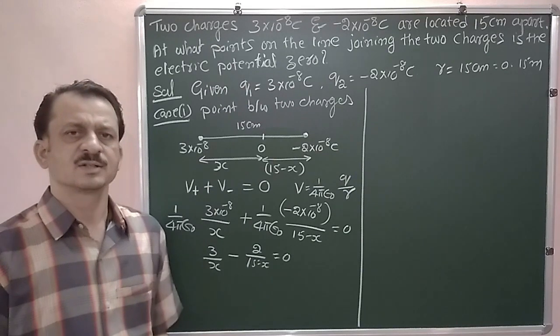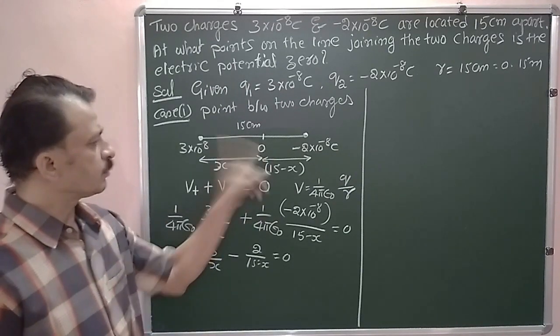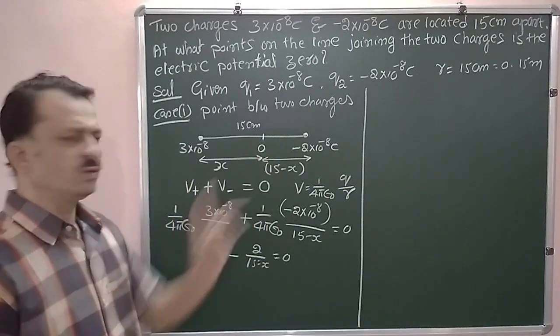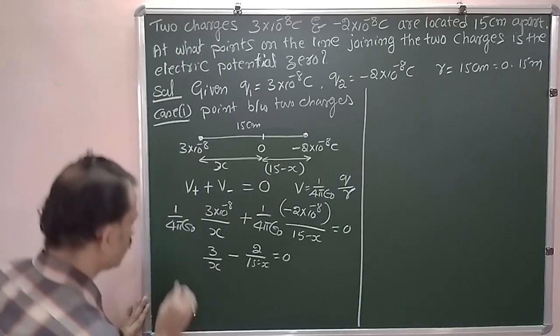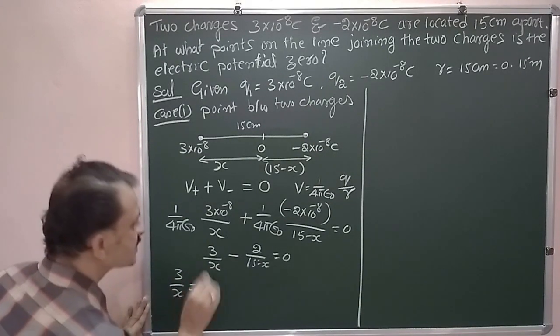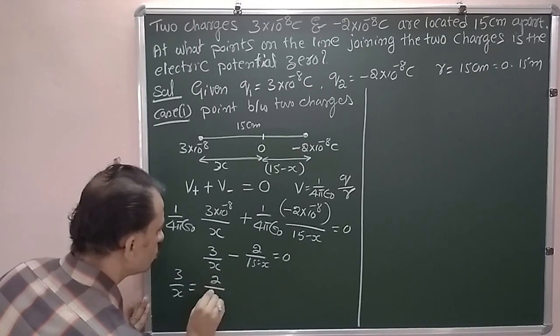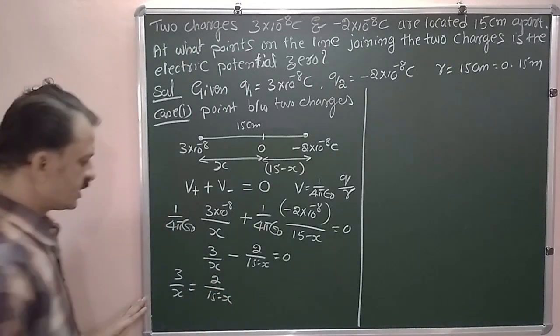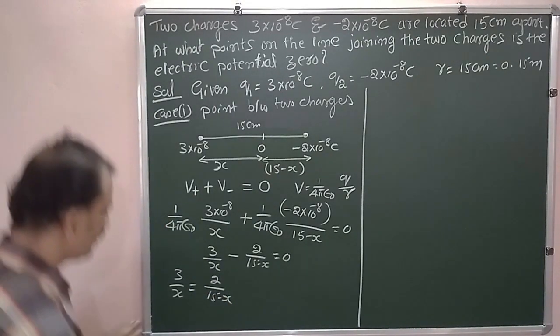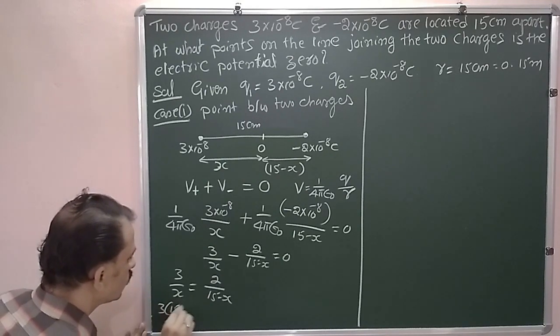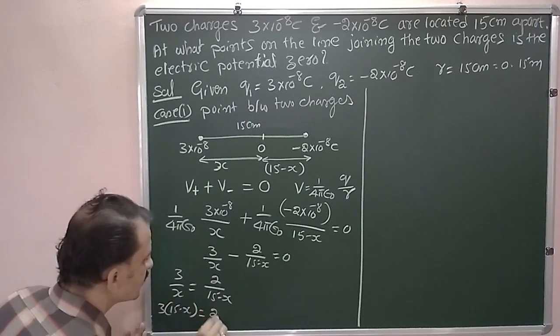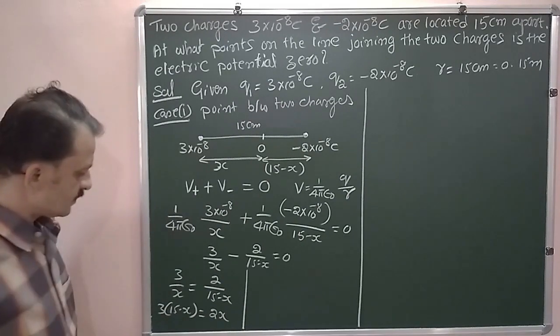Now solve for x, and we will get the position of the point from the positive charge. Therefore 3 by x is equal to 2 by 15 minus x. Now cross multiplying, 3 into 15 minus x is equal to 2x.